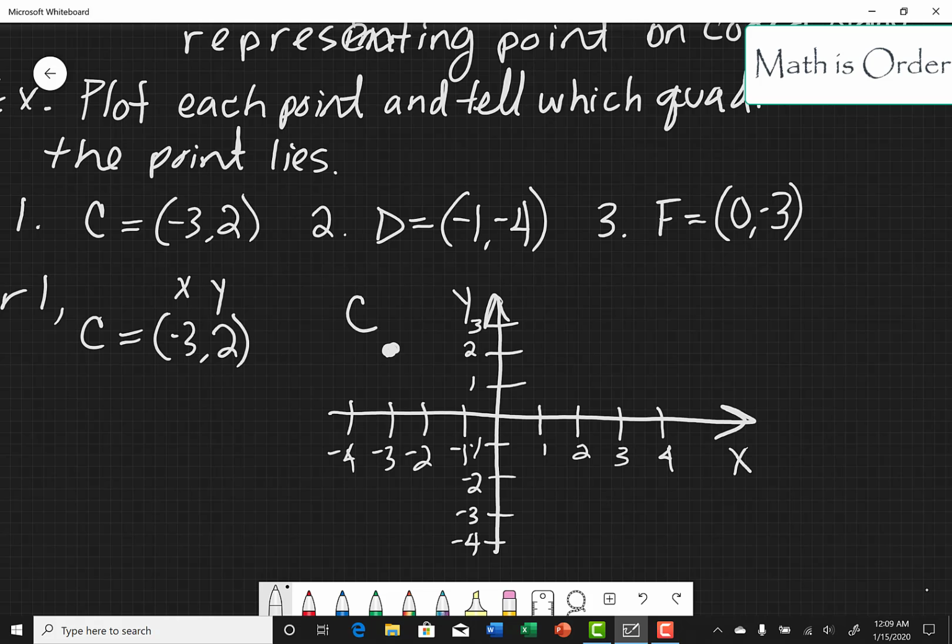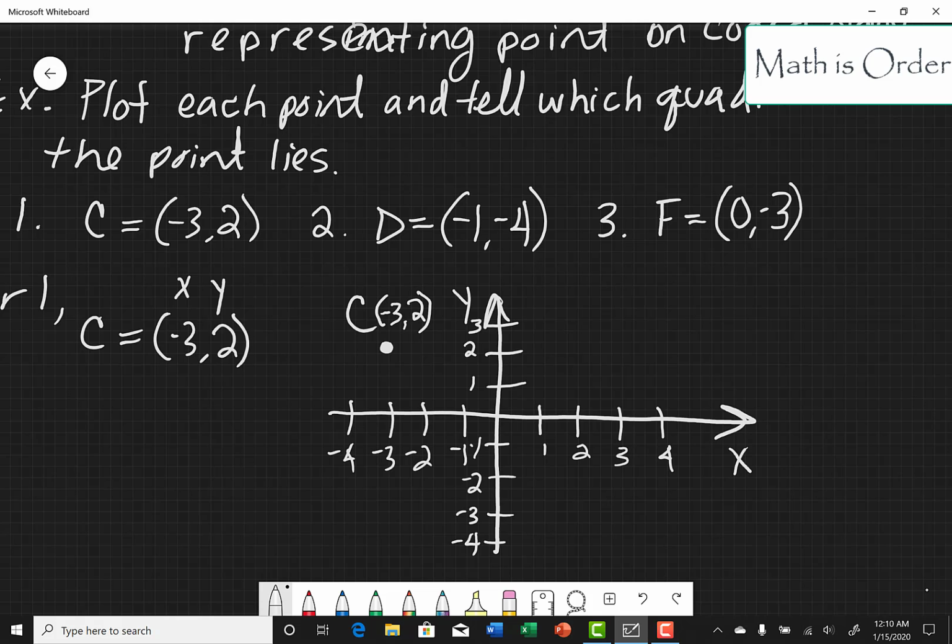Now, if you misplace C, it might be unclear to someone in the class where that C is. So it's good practice to put the coordinates of C, so instead of just writing C, write the ordered pair associated with C: -3, 2.